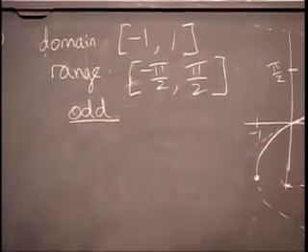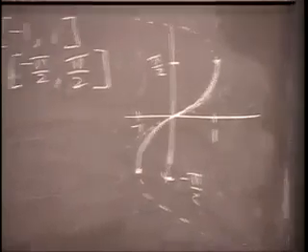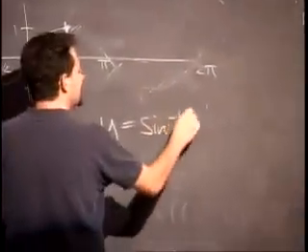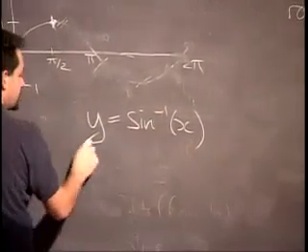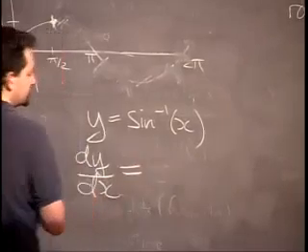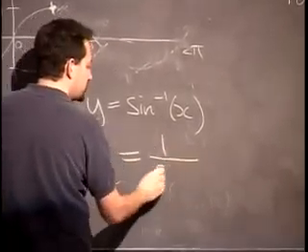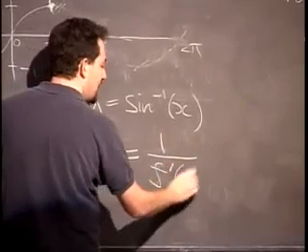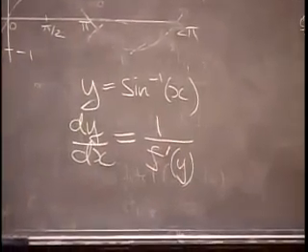We need to differentiate it, and I can use the formula. Let y equal inverse sine of x. So dy/dx, according to this, is equal to 1 over f prime of y.